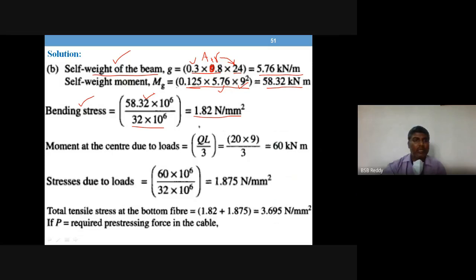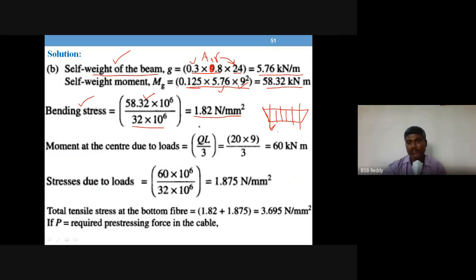Okay. Now coming to moment at the center due to the loads. This is a bending moment diagram that you can plot. Moment is now constant between these loads. So whatever moment you calculated under the load is the same everywhere.